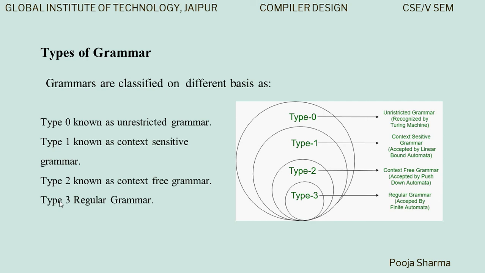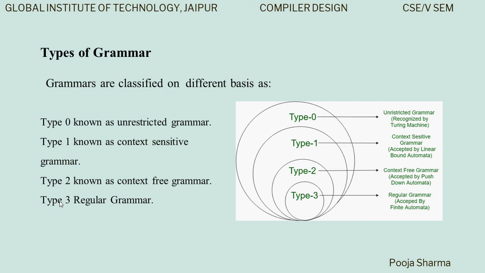Accordingly, if you try to design a recognizer, then designing a recognizer for type 3 is the simplest job, which we have already done in terms of finite automata, NFA and DFA. Type 2 is more complex, where you will need a stack apart from a finite automaton, known as a push down automaton. Constructing acceptors for type 1 and type 0 is more and more difficult.